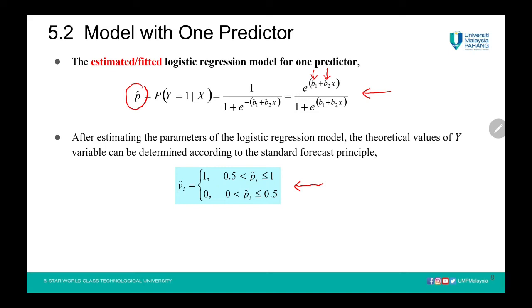We can estimate the value of Y i hat by using this principle. If P i hat is greater than 0.5 and less than or equal to 1, Y i hat will be 1. While if P i hat is greater than 0 and less than or equal to 0.5, the value of Y i hat will be 0.